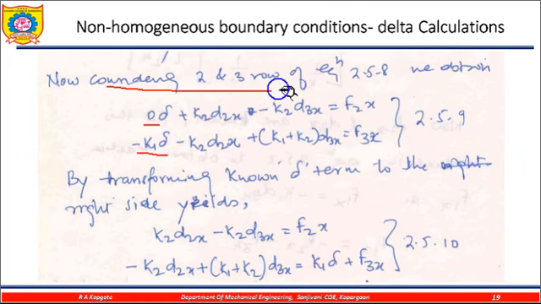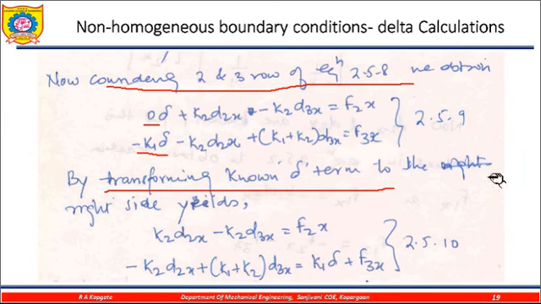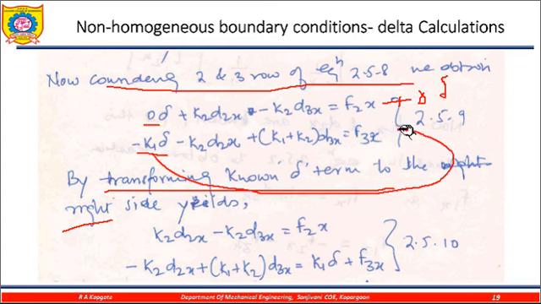So by condensing the second term and the third term, k1 this way, we transform this known term to the right side. Now here this is 0, so plus 0 delta plus 0 delta, while this term comes here, so we can write this as k1 delta plus f3 delta. Now you get the solution.